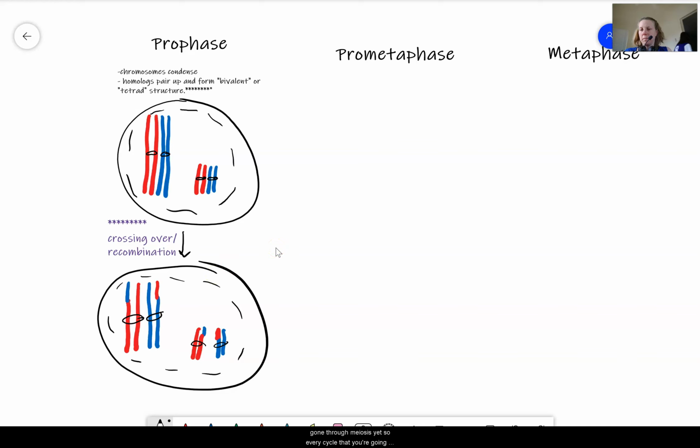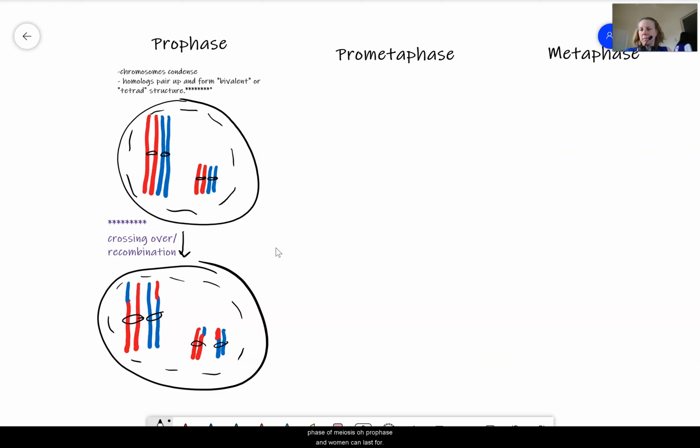So every cycle that you're going to experience for the rest of your life is going to send one egg cell through the process of meiosis and generate one gamete for each monthly cycle. Before they go through meiosis, all of those gametic stem cells are present in this prophase phase of meiosis.